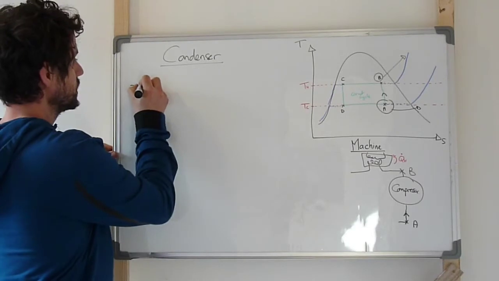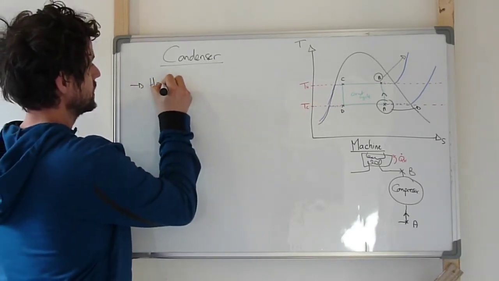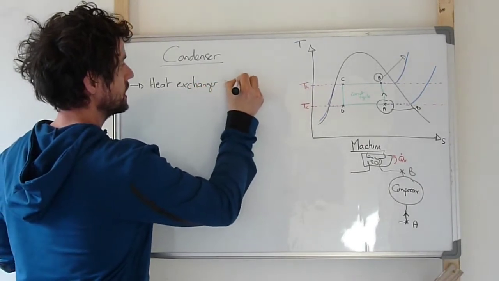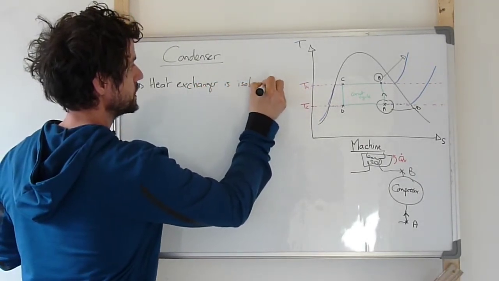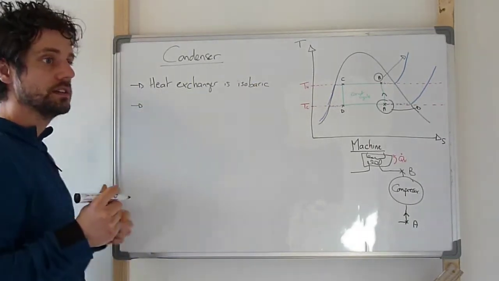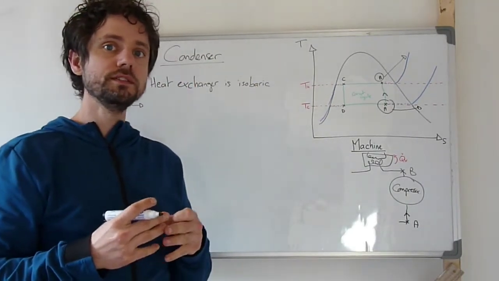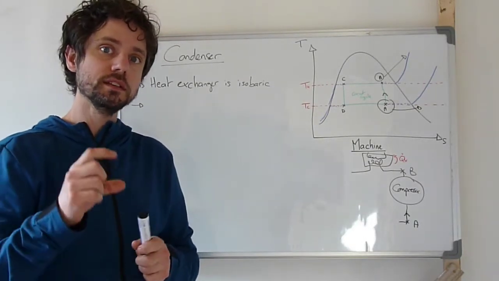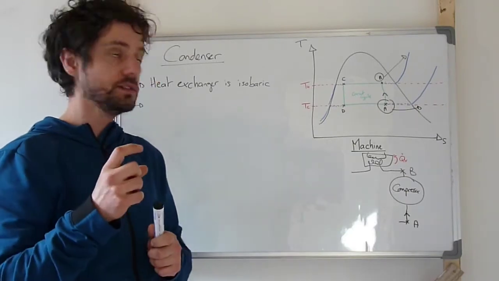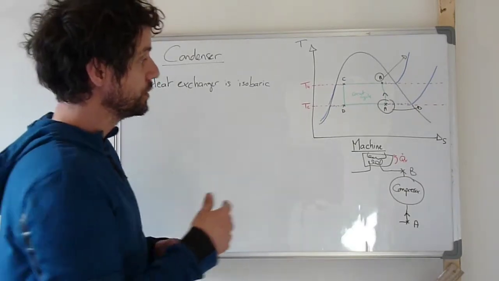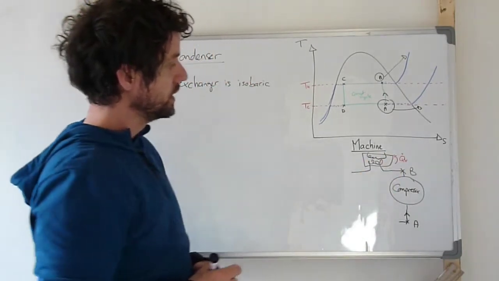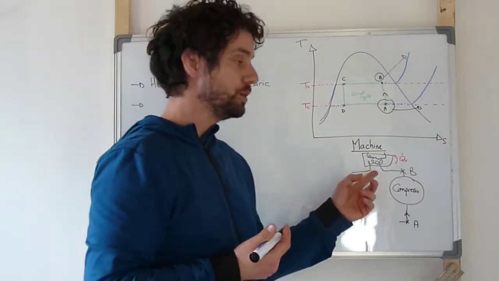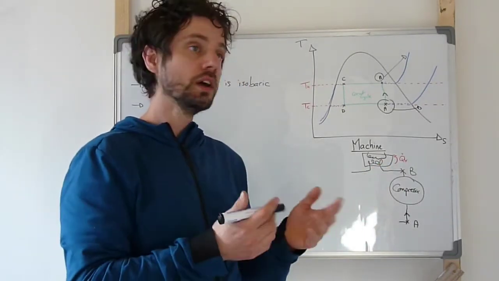So first thing we can say is that the heat exchanger is isobaric, and second thing is that if we don't want to have an infinite size heat exchanger, we need to have a finite temperature difference between both fluids, and if we want the heat transfer to go this way, then it means that we want the working fluid to be at a higher temperature than the hot source.